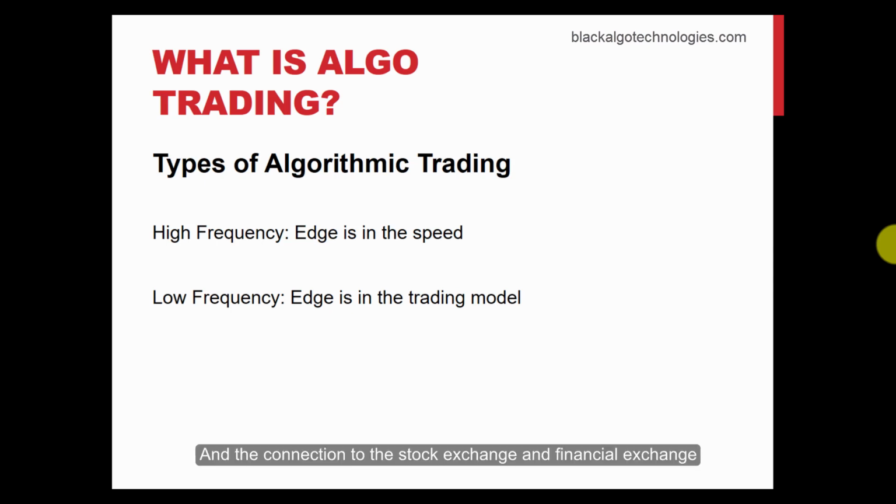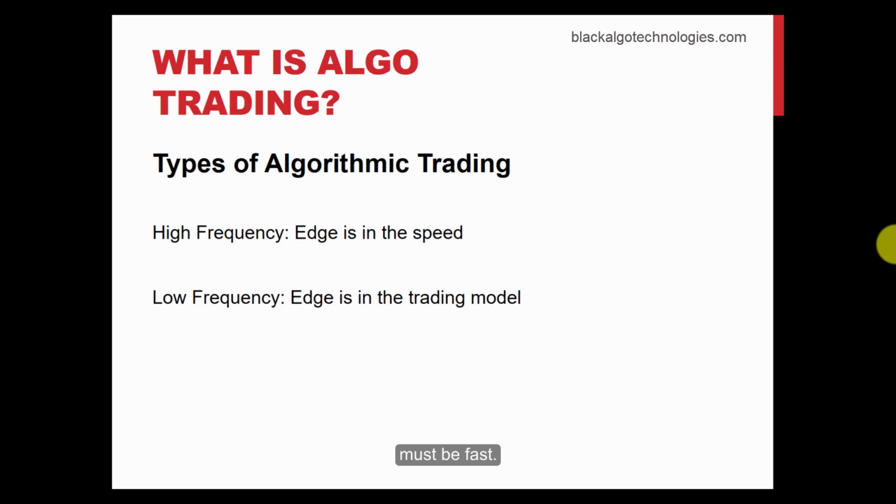And the connection to the financial exchange must be fast. They may earn very little per trade, but because they make so many trades, even if you make a few cents per trade and you make a few million trades a month, your profit will be in the millions.